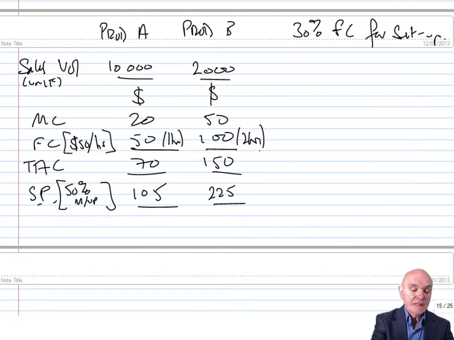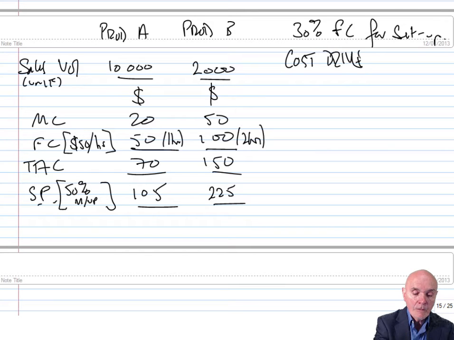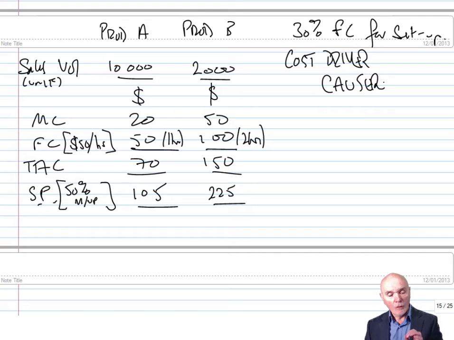And what activity-based costing wants to get to is what's called a cost driver. What activities drive the cost? I actually prefer to use the word cost causer. What activities cause these costs to be incurred?